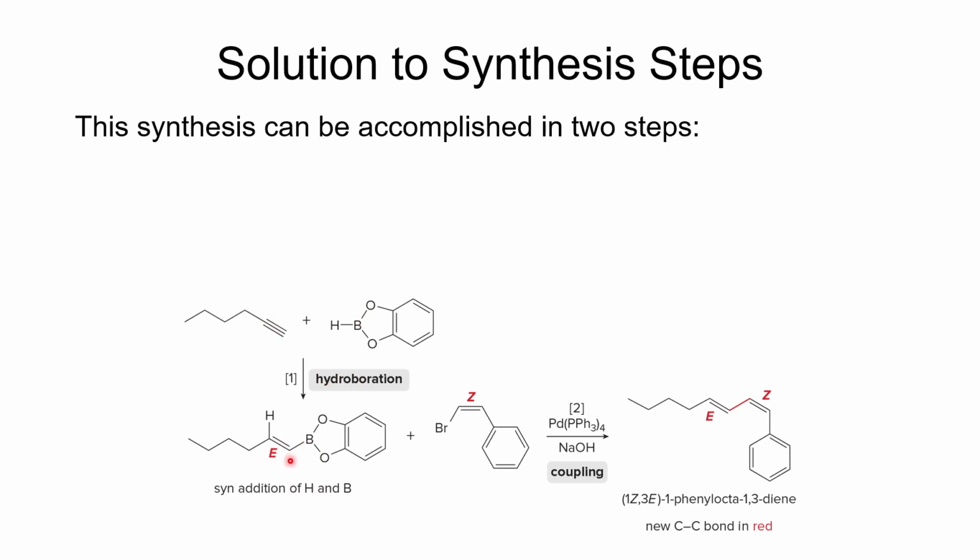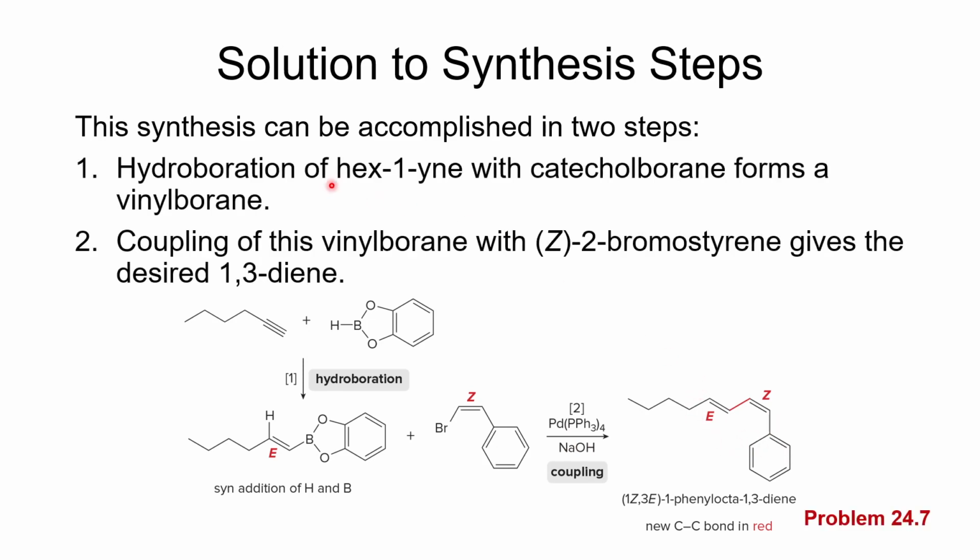That gives us this, which because it does syn addition, we'll get the E isomer, or the trans isomer, of that borane. And then when we combine it with this, we'll get the coupling reaction, and we'll get our product. So hydroboration with the catechol borane to form our vinyl borane, and then the Suzuki coupling will give us that as our product.